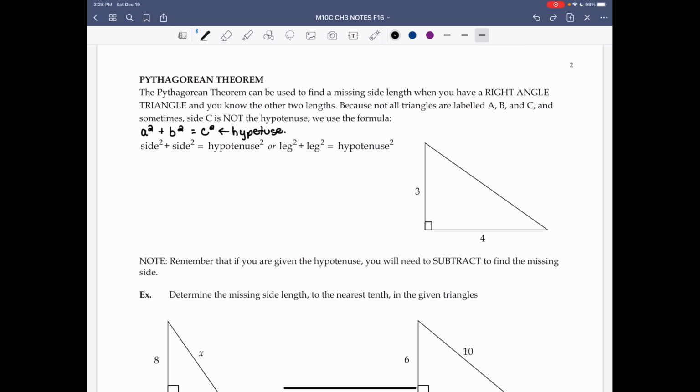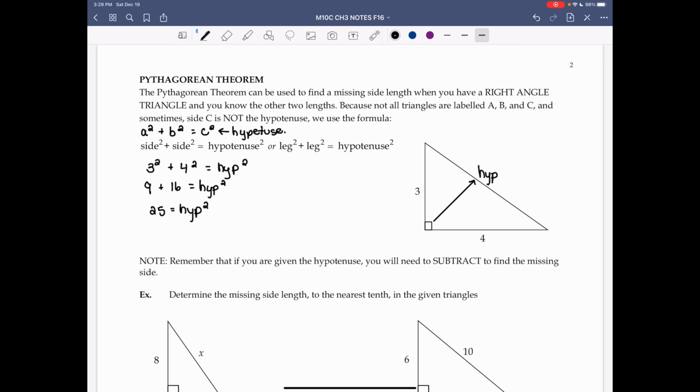Let's do this for this triangle. Label the hypotenuse. In this case, that is the side that we are trying to find, which means our other two sides go in for A and B, or for side and side, or for leg and leg. Then we get 3 squared plus 4 squared equals the hypotenuse squared. 3 squared is 9 plus 4 squared is 16 equals the hypotenuse squared. 9 plus 16 is 25, which equals the hypotenuse squared.